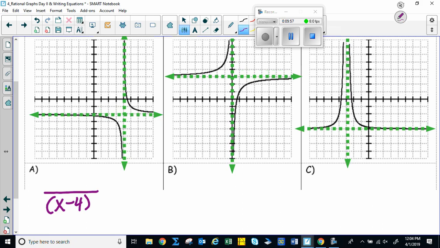It's shifted down 2 units, minus 2. Remember, it's not an equation without an equal sign, so don't forget your y equals. So the last thing I need to do is determine my a value. All right, so I'm going to go to where your asymptotes intersect. I'm going to go to the right one and up until I hit the graph, and this will just be a 1.